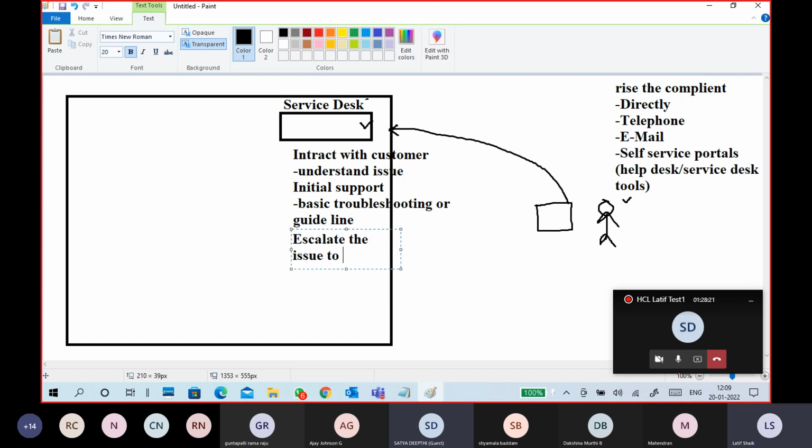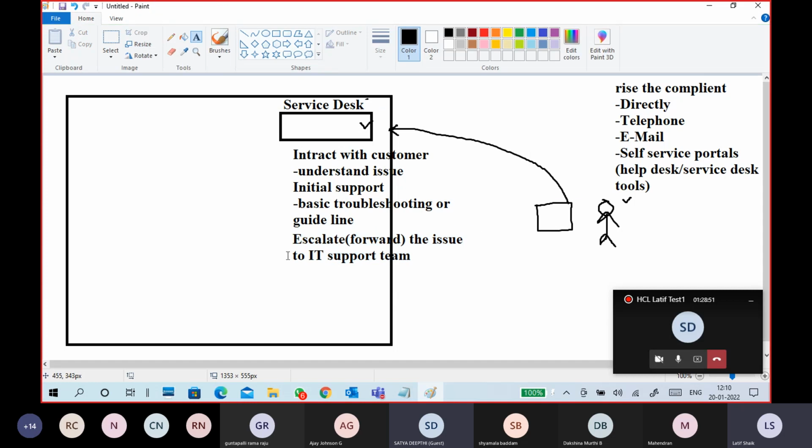IT support team. Escalation, escalate, or we can say forward. We can use the word forward directly. Forwarding the issue to the IT support team means a proper team will be there, depending upon the issue.